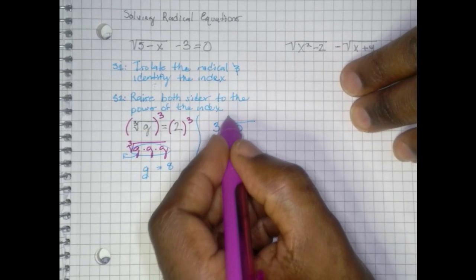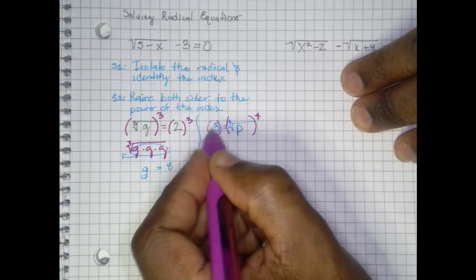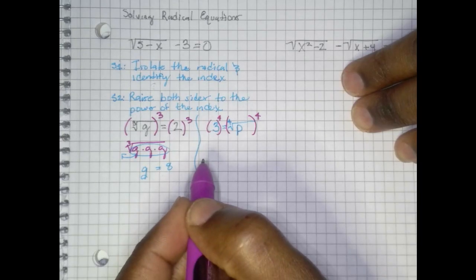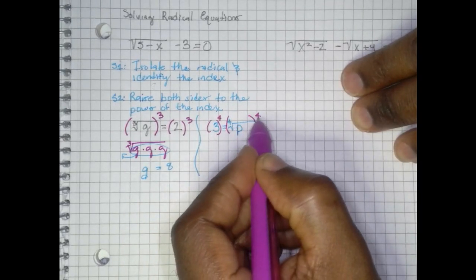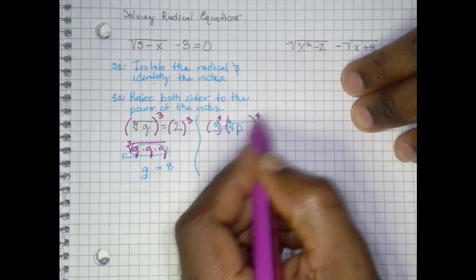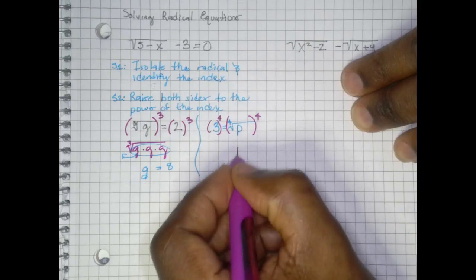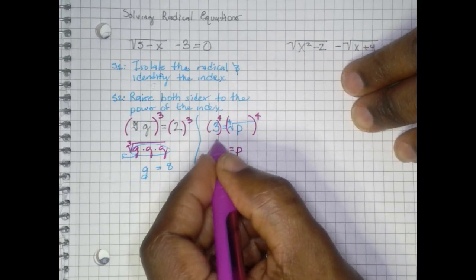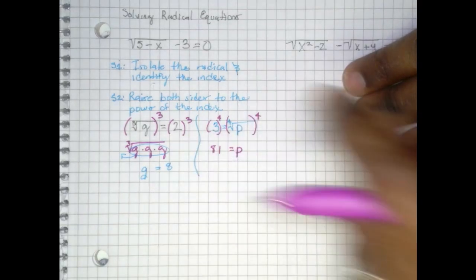So we need to raise this side to the 4th power and this side to the 4th power. Remember, the index and the exponent will cancel out. They're the same. Only thing you're left with is p, and 3 times 3 times 3 times 3 is 81. All right, let's keep going.